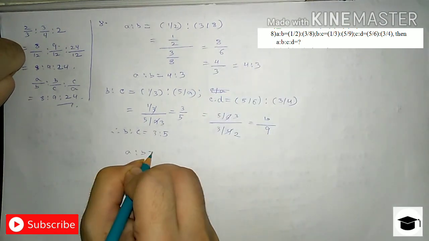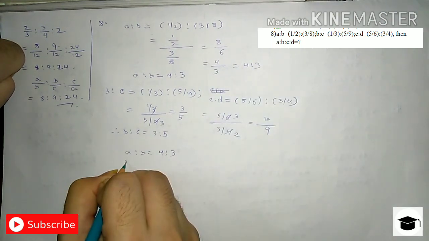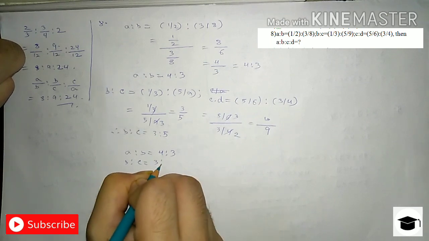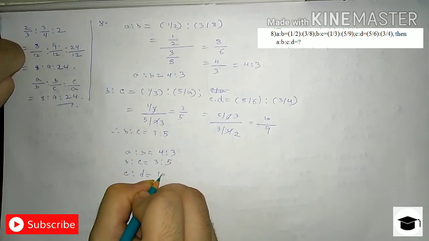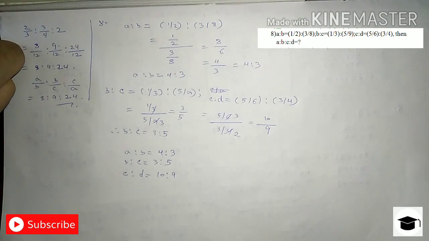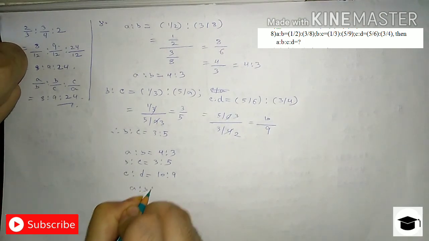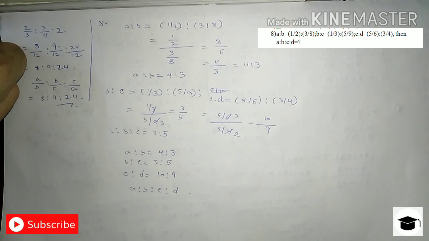So a is to b equal to 4 is to 3, b is to c equal to 3 is to 5, c is to d equal to 10 is to 9. We have to calculate the value of a is to b is to c is to d.